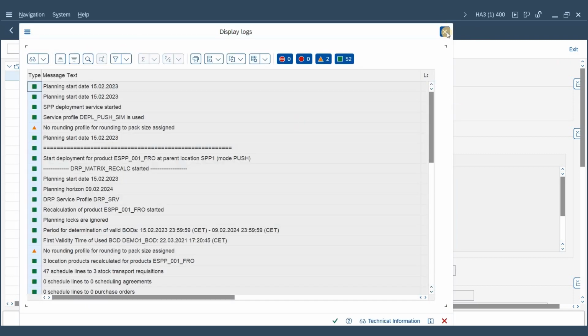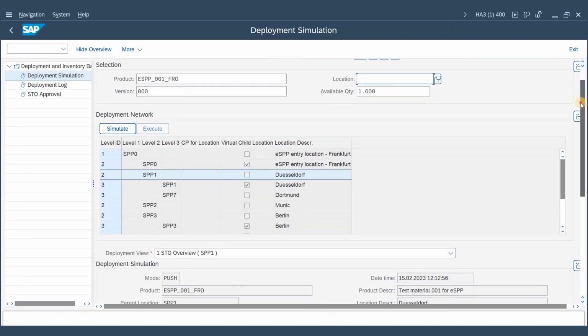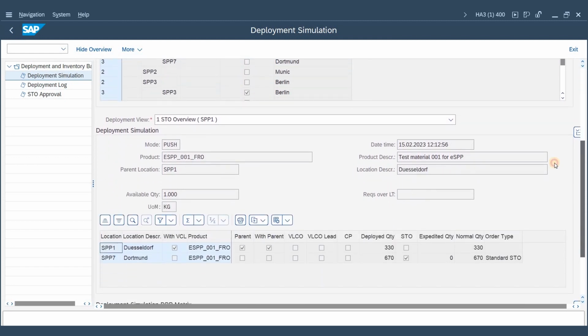And now we see that the system would have generated a stock transfer order to the child location SPP7. And because SPP1 is just a virtual child, we keep the remaining quantity of this goods receipt on this location.